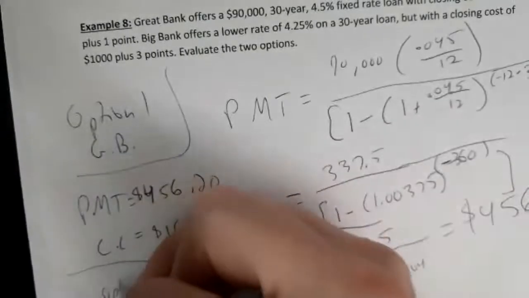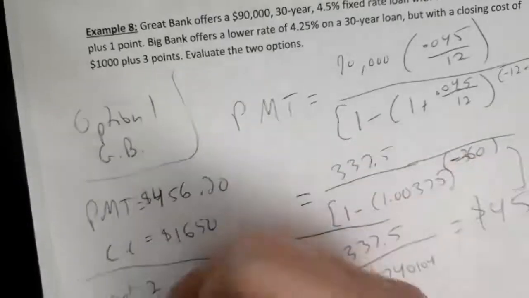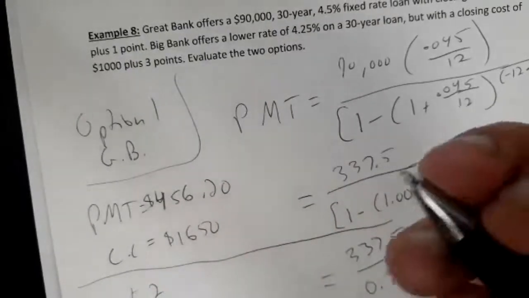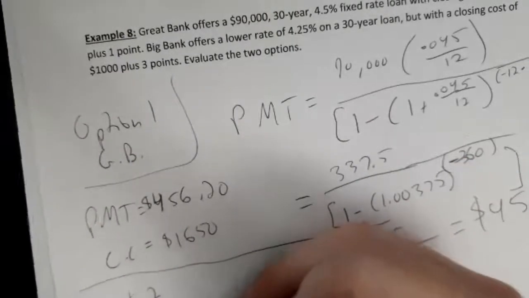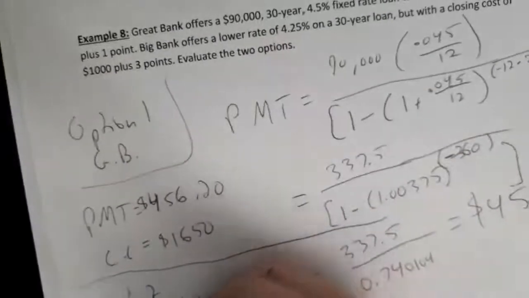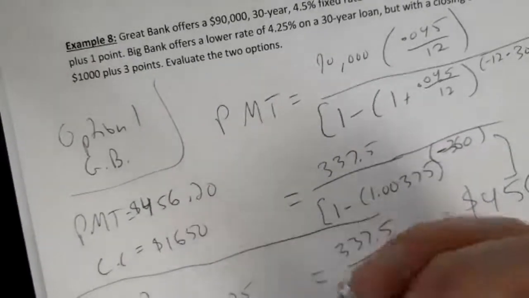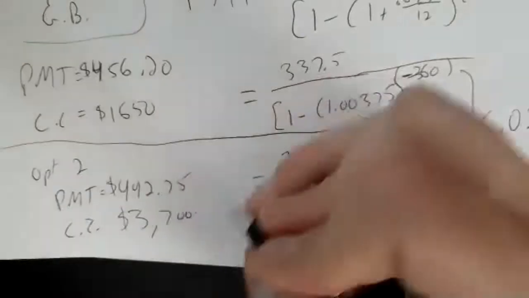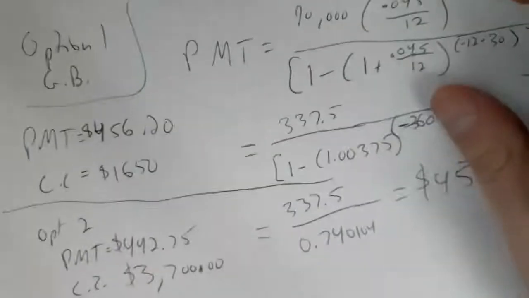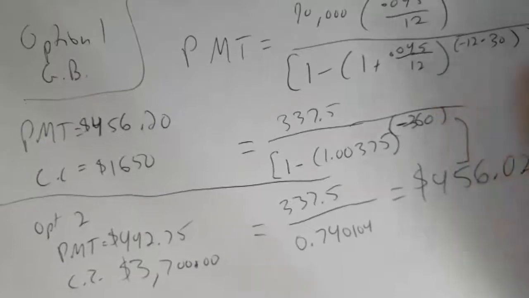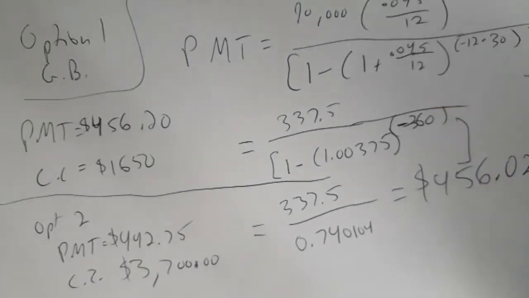The other option, my payment was $442.75, and I have closing cost of 3,700. So which one of these is going to be the better option? How do we want to compare them?